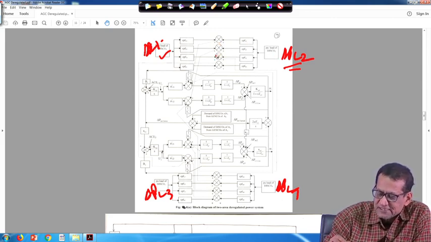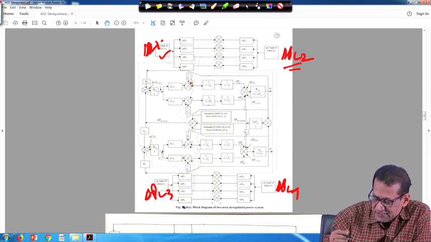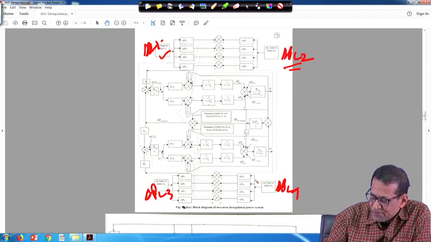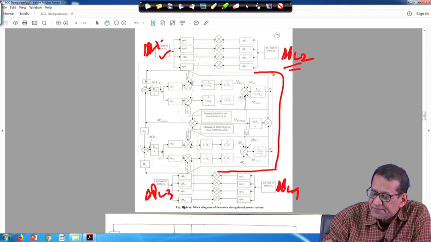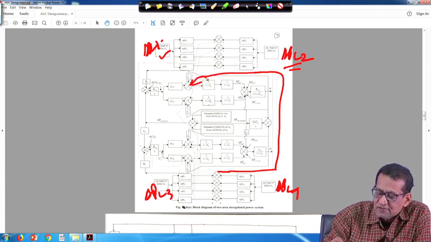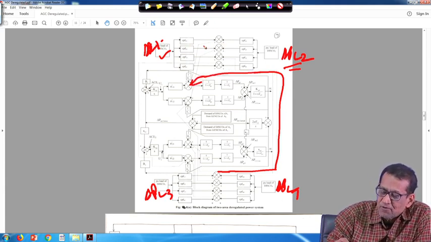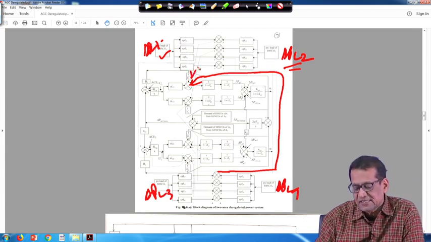All these things come together, look. These two go to this one, but two more terms will be there: CPF13 delta PL3 and CPF14 delta PL4 are also coming here, to the summing junction.